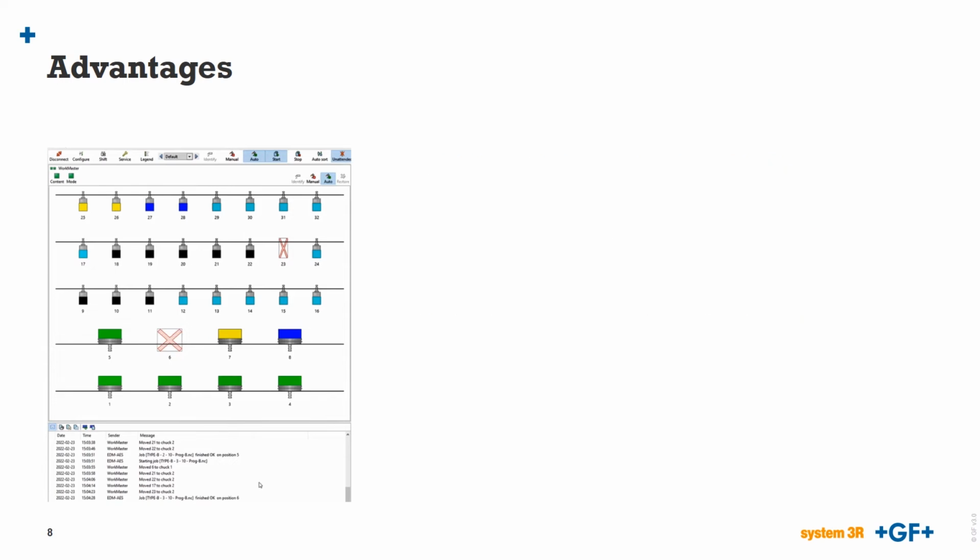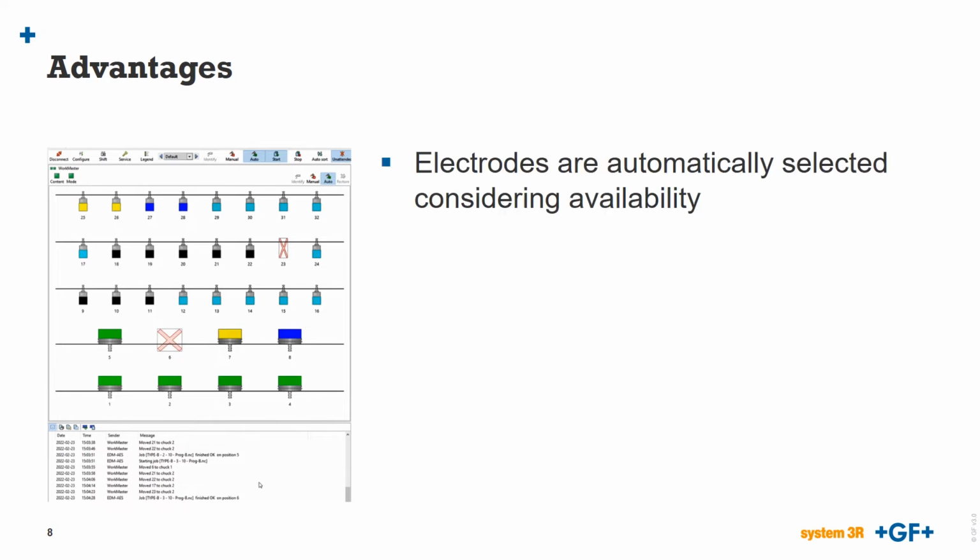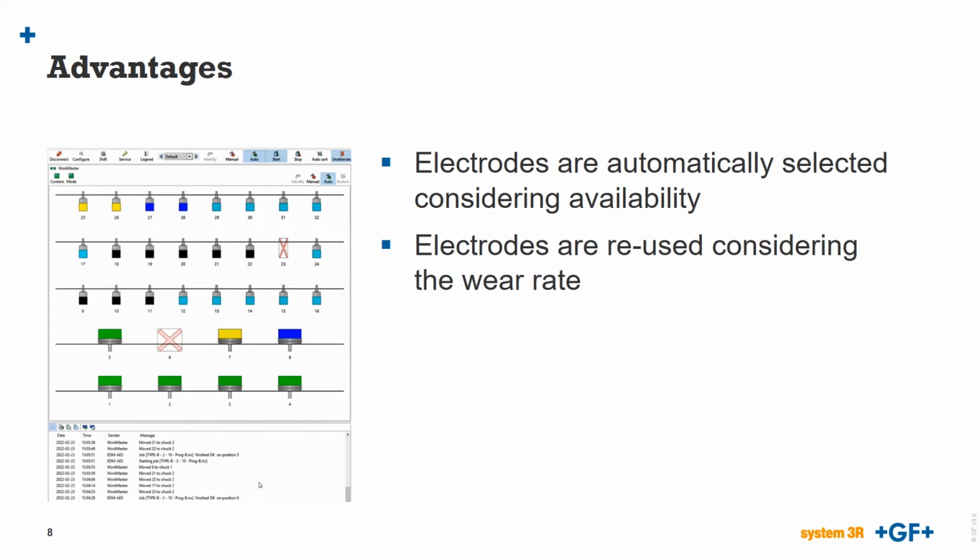All input info and hardware are now in the cell. It's time for automatic electrode selection to pick the proper electrode, choosing the already used ones for roughing and the new ones for finishing. Progressively, the fully worn electrodes are discarded and new and fresh ones are selected from the pool.